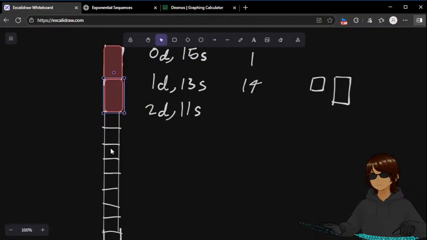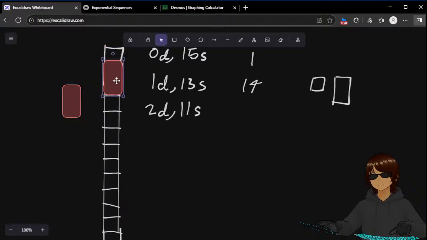So first, this will happen. There are 11 squares, right? This will happen 10 times, right? That first one will go down 10 times.